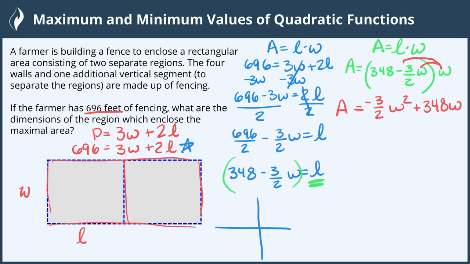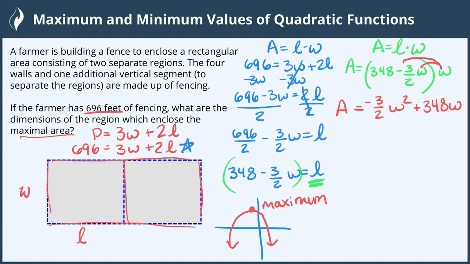A parabola that has a negative value is one that opens down. And one that opens down has a very top value or a peak value, in this case, a maximum, which is exactly what we're looking for. We were asked to find the maximum area. So now we need to find that vertex of this quadratic equation of negative 3/2 w squared plus 348w.